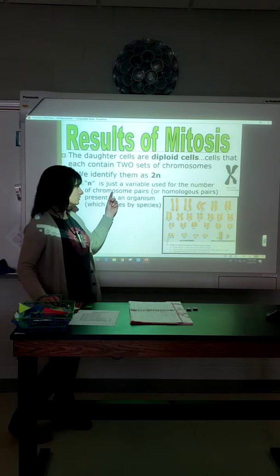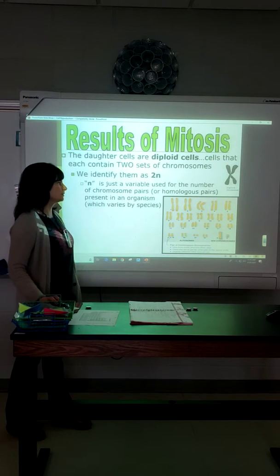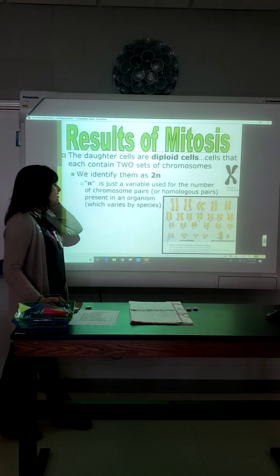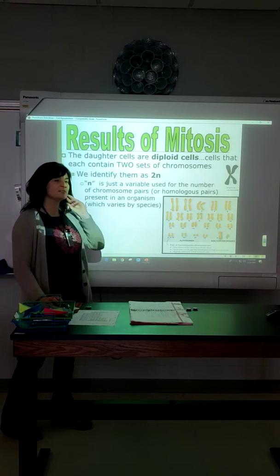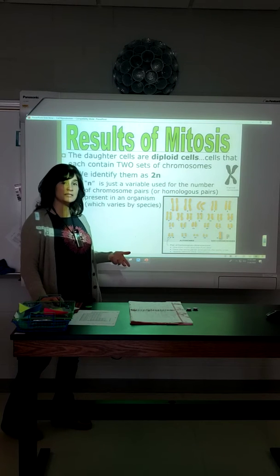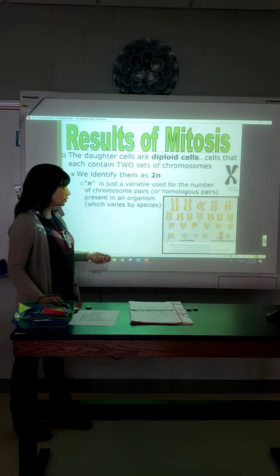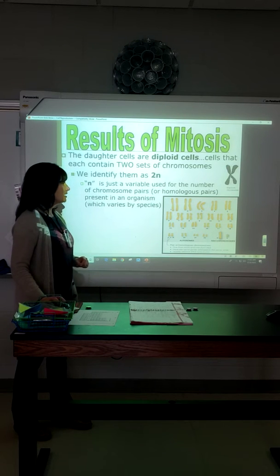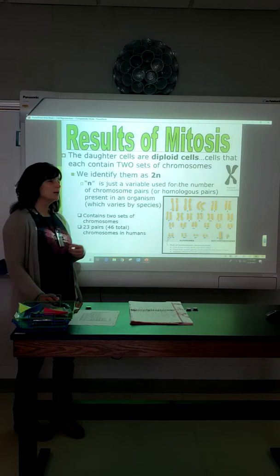So pairs of chromosomes, or homologous pairs. There's that prefix homo again, meaning same. And this is going to be very specific depending on the type of species you're dealing with. In humans, we have 23 pairs of chromosomes. Now, think of some things that come in pairs.